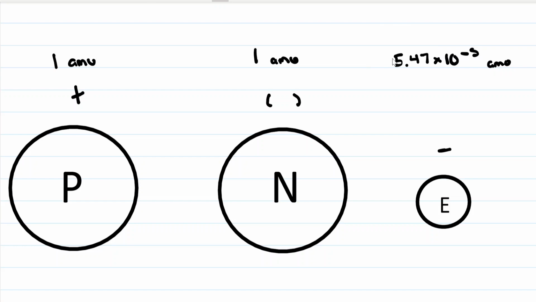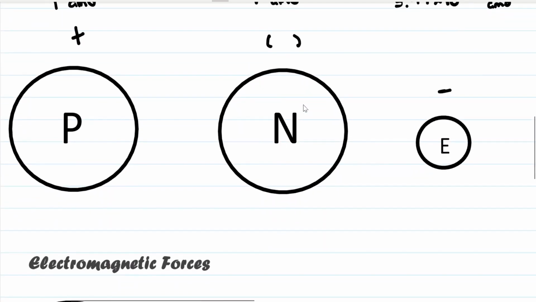Another aspect that's really important is the magnitude of their charges. As mentioned, the proton has a positive charge and the electron has a negative charge. Although the sizes of an electron and a proton vary significantly, the magnitude, or the strength, of their charge remains pretty much the same. So they can, quote, cancel out.